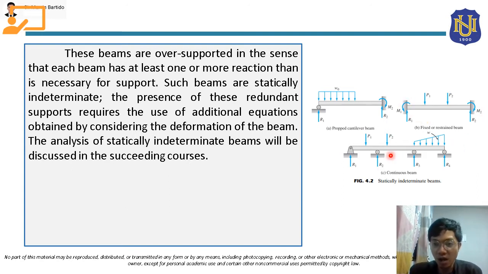Also, class, we have here what we call a continuous beam. This continuous beam, obviously, is also a statically indeterminate beam. So class, the analysis of statically indeterminate beams will be discussed in your succeeding courses.